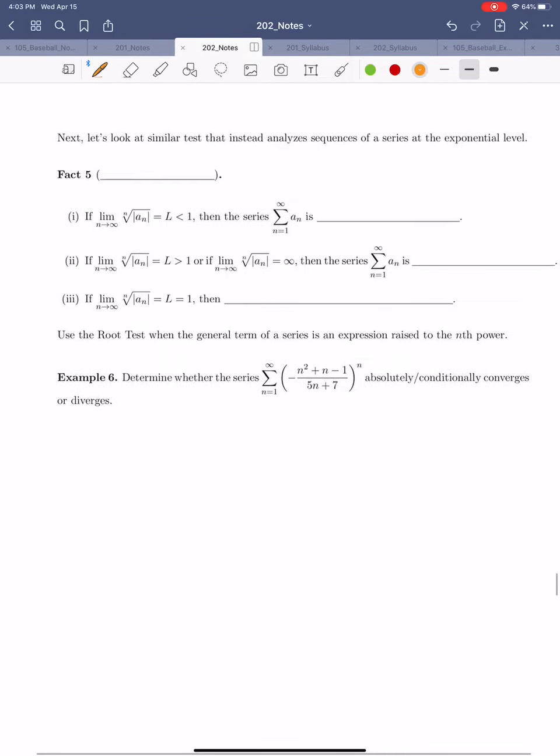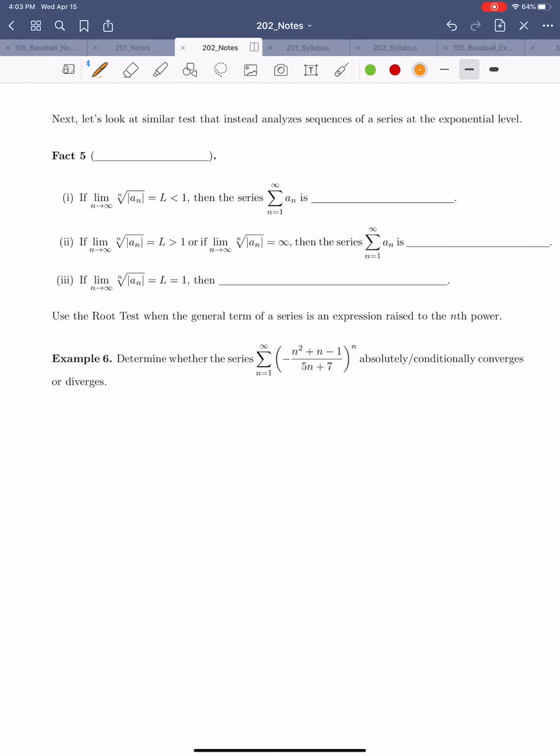And let's spend a minute on the last page looking at the root test, which you could say is the nth level of the ratio test in a sense.